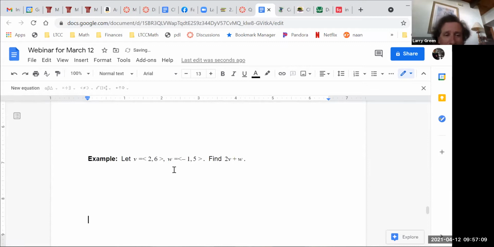Okay. If you happen to have vectors written as a number comma a number, and you want to do arithmetic, and arithmetic that we're allowed to do is addition, subtraction, and multiplication by a constant, then the good news is it's easy. I bet you guys can tell me, without me defining it, how do you find 2V plus W? Let's see if you can do it. Give me the answer.